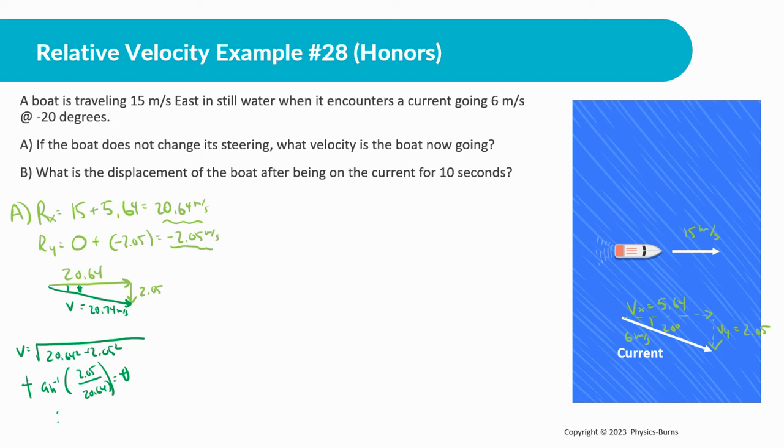And we get 5.67 degrees. Okay. So we should know that the velocity is going to be 20.74 meters per second at, I'm just going to say negative 5.67 degrees. Or you could say 5.67 degrees south of east, whichever one is better for you. Okay.